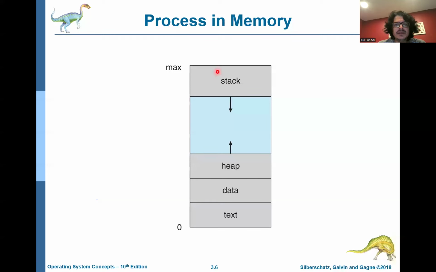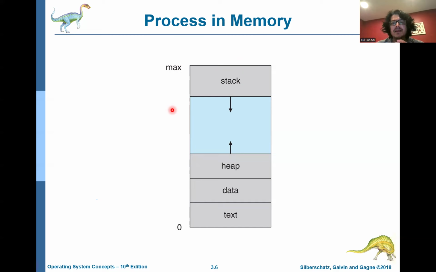Each program has a range of memory starting from 0 to max. You can think of it as the size of memory allocated to each process. Whatever process you run, this process gets memory of size max.